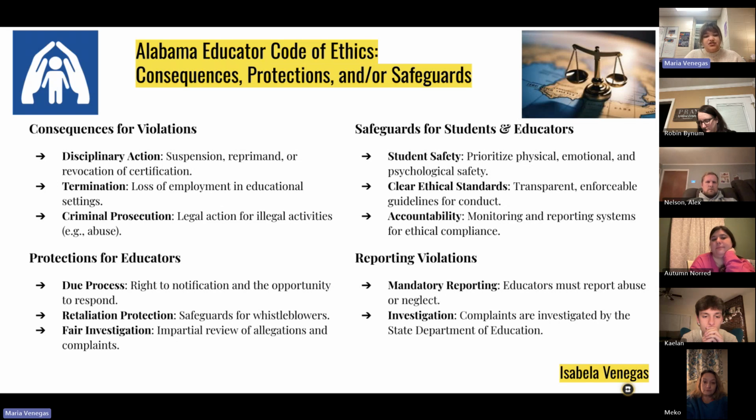At the same time, educators are protected through due process, retaliation safeguards for whistleblowers, and fair investigations of complaints. Student safety is the top priority, supported by clear ethical standards and accountability systems. Mandatory reporting ensures abuse or neglect is addressed, with investigations handled by the State Department of Education.